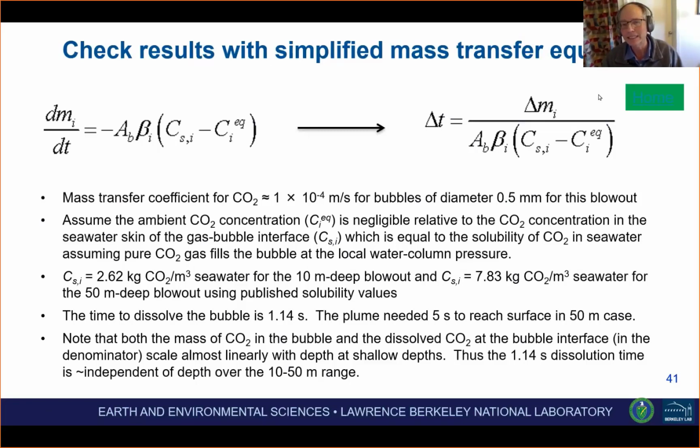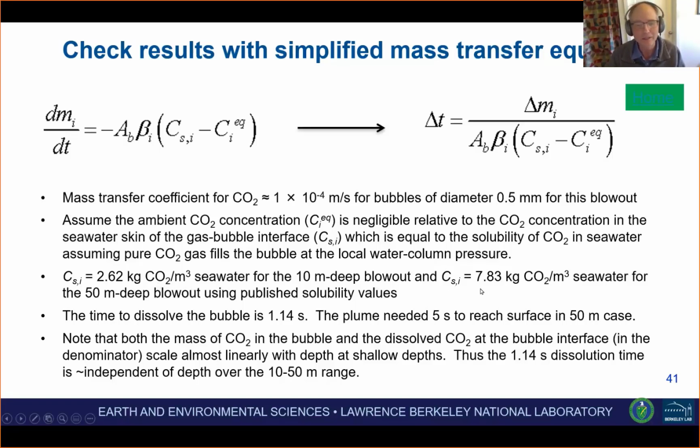In the text here, I'm not sure I'll go through everything, but I make a bunch of very approximate, always conservative assumptions about the properties of this bubble. One of the key things to keep in mind is this number right here: the solubility of CO2 in seawater is about 2.62 kilograms of CO2 per cubic meter. It's really, really high, and even higher at higher pressures.